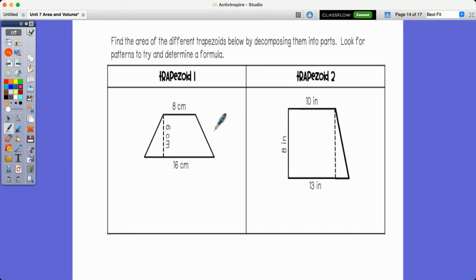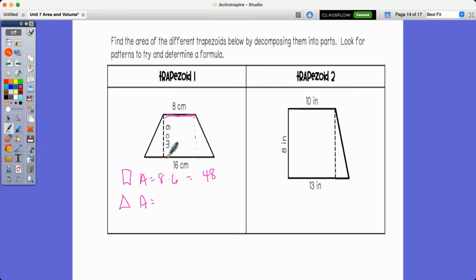The very first thing I want you to do is find the area of the rectangle, and we do that by doing the base times the height. The base of the rectangle is just this 8 centimeters. So our rectangle area is 8 times 6, which is 48. Then we're going to find the area of the triangle, which is, remember, area equals 1/2 base times height.